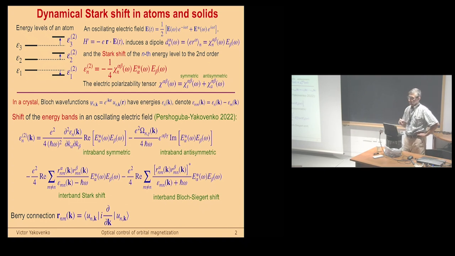However, in addition, you have additional terms which are intraband, which do not exist in an atom, because an atom doesn't have any bands, only a crystal does. So here you also have additional contributions, second order in the electric field. And the coefficients here are the following. You can classify them into symmetric and antisymmetric: the electric field tensor can be separated into a symmetric part and an antisymmetric part.